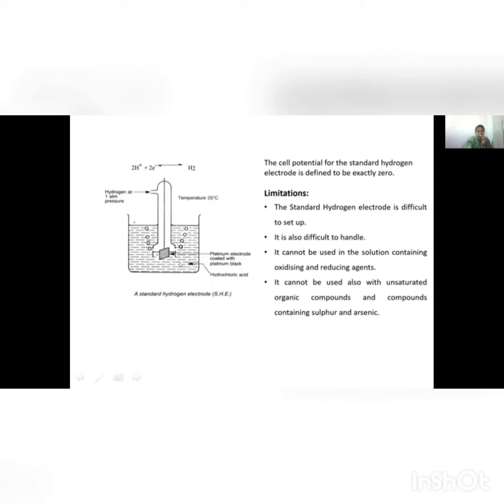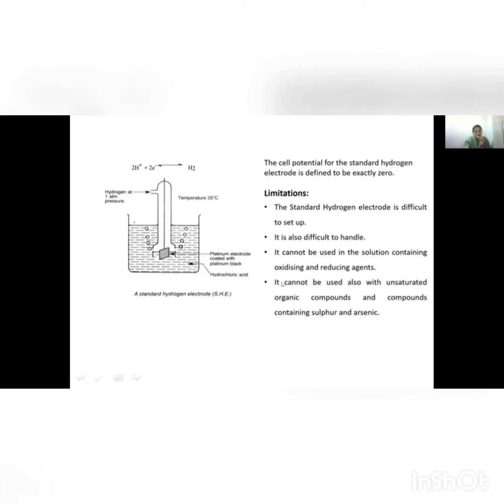Here the platinum is coated with platinum black, which absorbs the hydrogen gas and then the hydrogen ions. So when the electrode is dipped in 1 normal HCl and 1 atmospheric pressure hydrogen is passed, it gives the standard or normal hydrogen electrode.